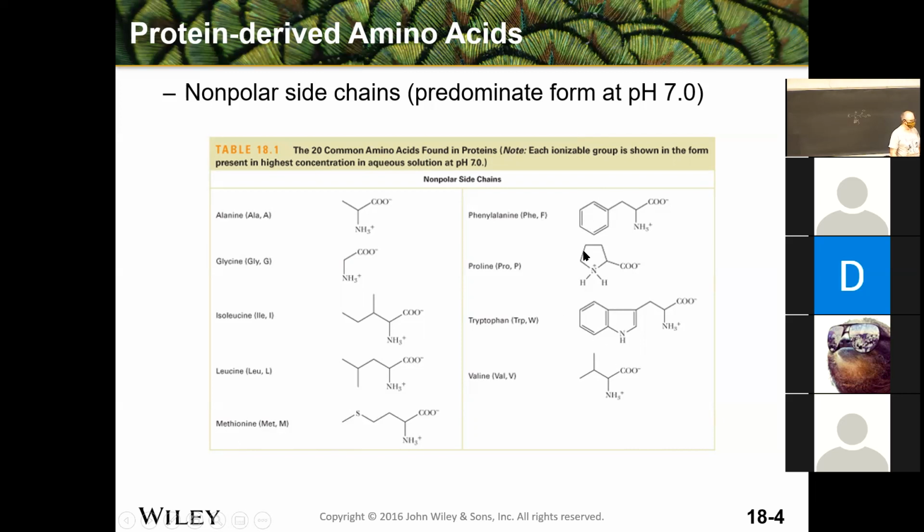This is the only common one in which we have a secondary amine, and this is called proline. This is tryptophan. This is called an indole group. We have a CH2 and an indole group, and then valine with an isopropyl group.